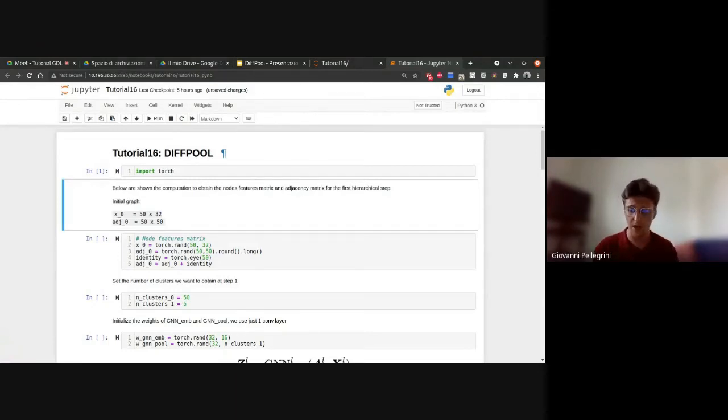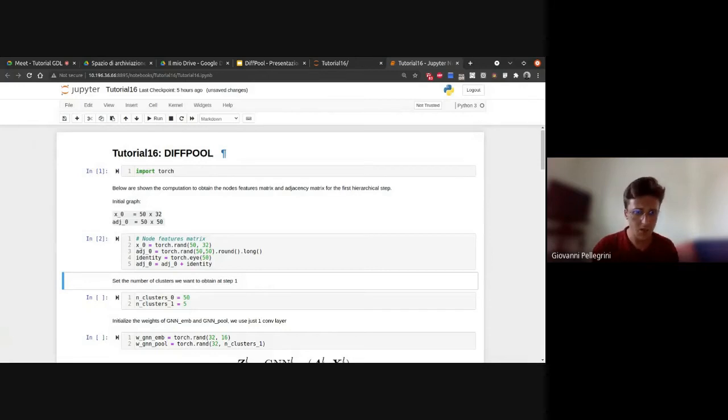So I'm going to create an initial node feature matrix and an initial adjacency matrix, for 50 nodes in the graph, and the adjacency is simply taken randomly. I'm not really interested in the kind of connections inside the graph.